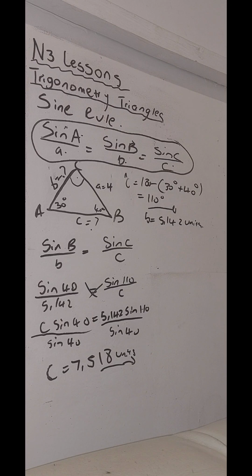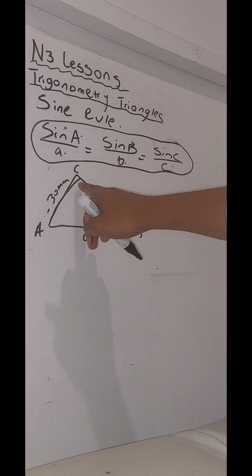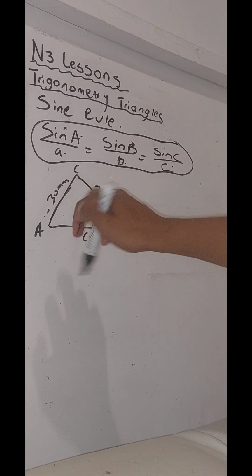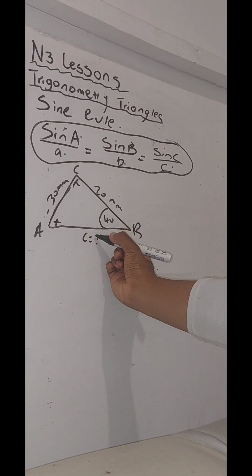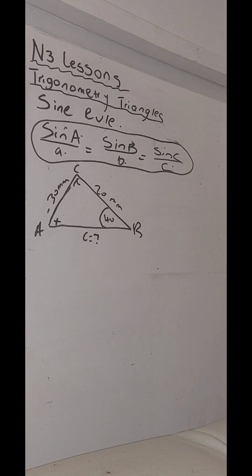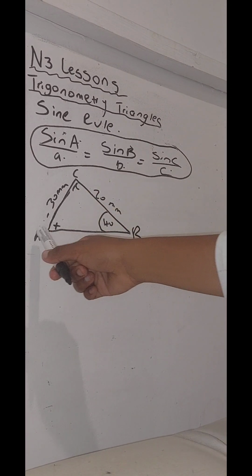Let's look at the last question in relation to the sine rule. Okay, guys, now we are solving for another triangle. So we don't have an angle here, we don't have an angle here, and we also don't have C. So we're going to have to try to solve for everything. We have two sides.